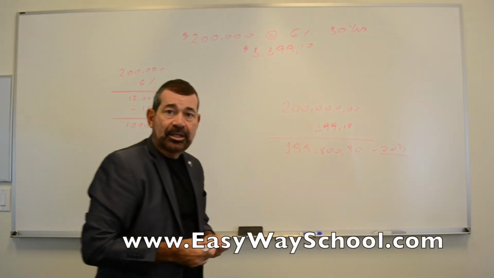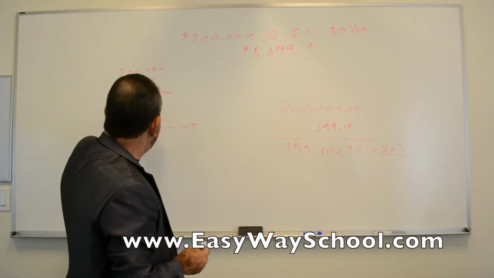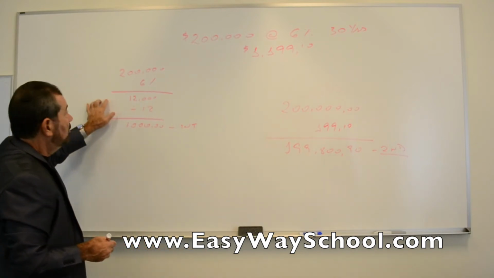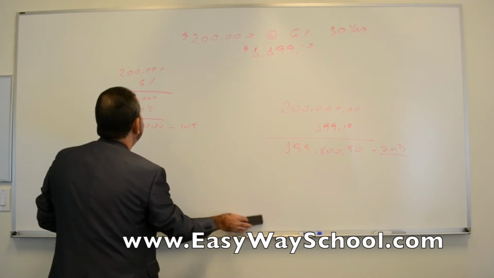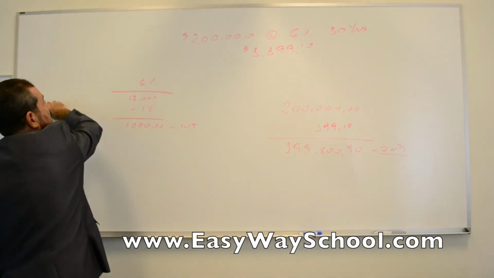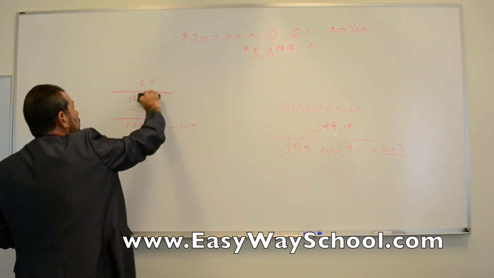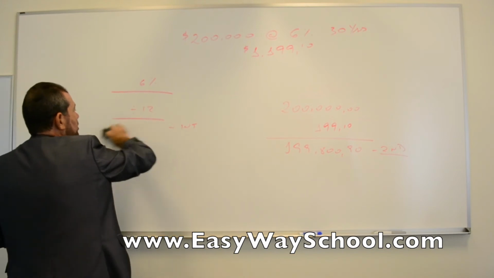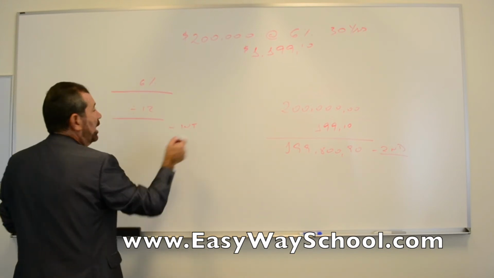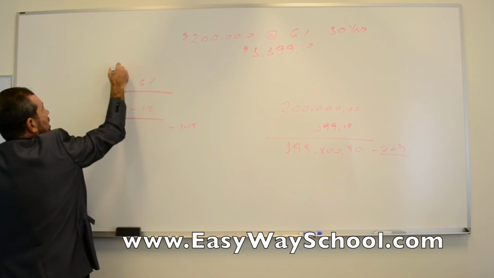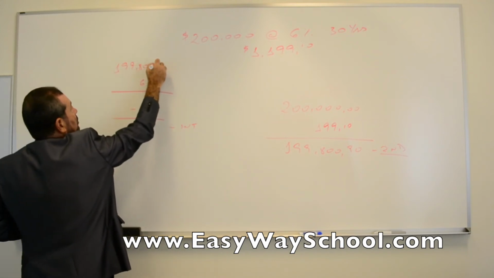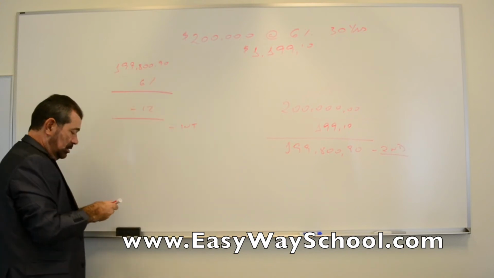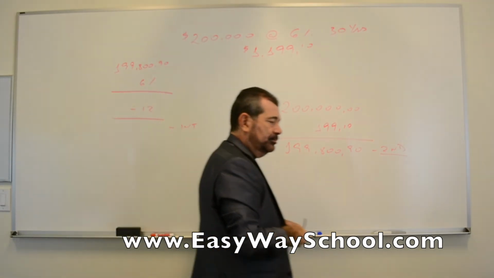So what am I going to do now? Same thing I did here, but not using 200 because my balance is not 200 anymore. Then I will erase this 200, I will erase this 12, and I will erase this 1,000. I will put my initial balance, which is now 199,800.90. And I will do the same thing.